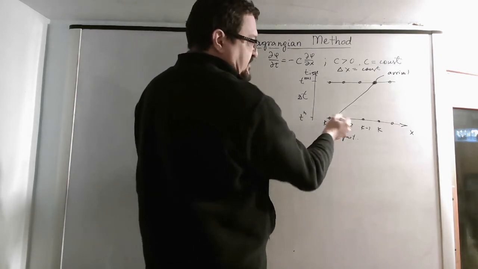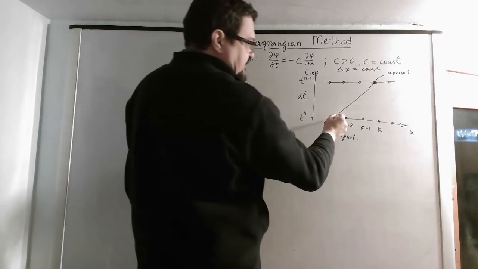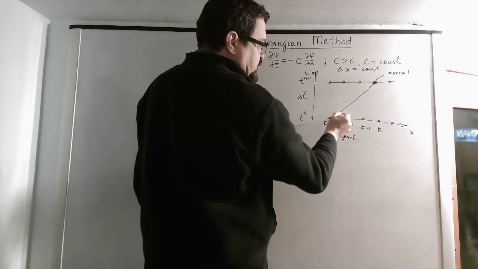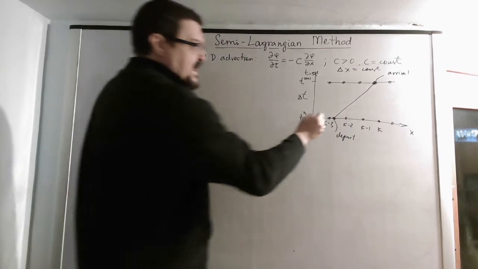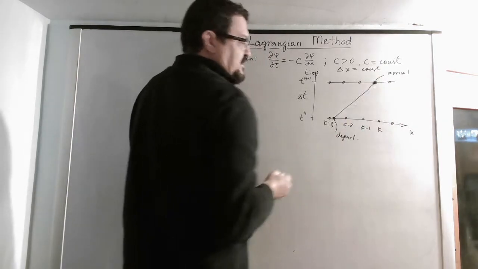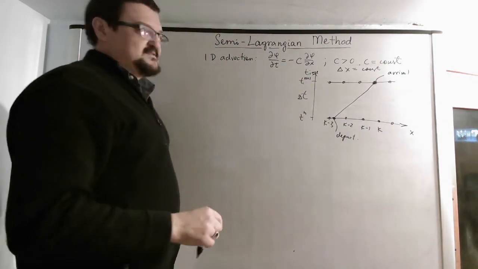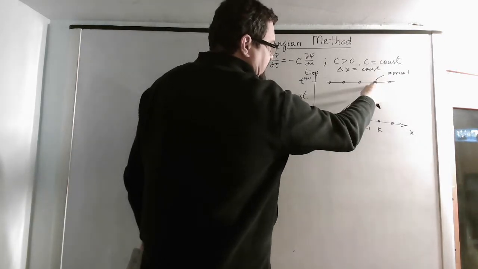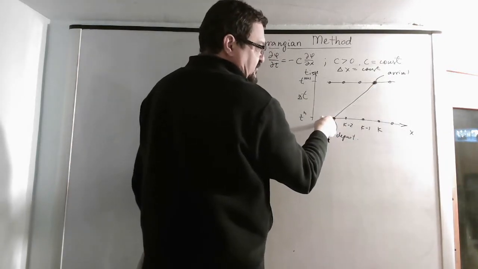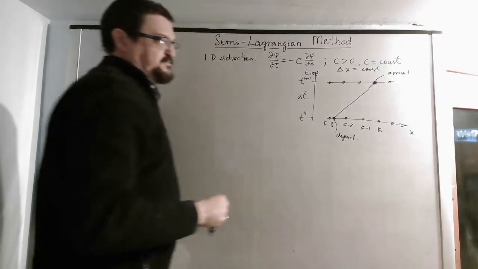Then we just interpolate between two given points to find this value here. This value equals the value in here, because it just advected to this grid point. So the value at this point now equals the interpolated value at the departure point.